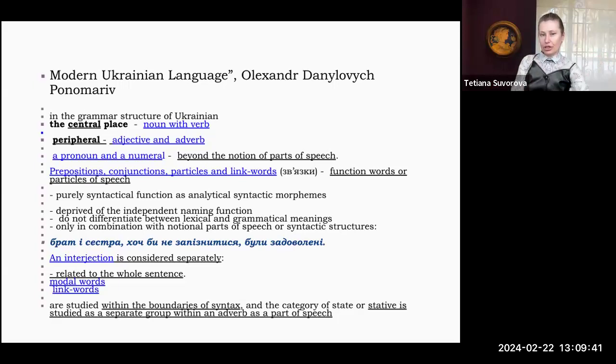So, and today we move to the noun. In both languages, hopefully, for comparison, we take the modern Ukrainian language by Ponomarev. And for the English comparison, why I speak about the books and authors: as I mentioned, different authors offer different classifications, different approaches, different characteristics. They are not the same.